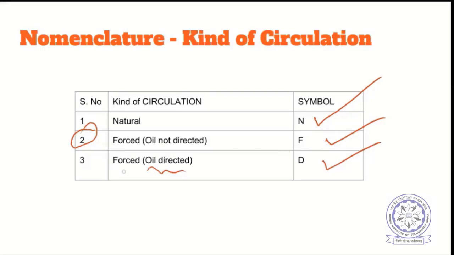But in the third item, we are not only using the pump, but also directing the flow. So in that case, we use the symbol D. So these symbols and their meanings, you remember carefully for naming the transformer.